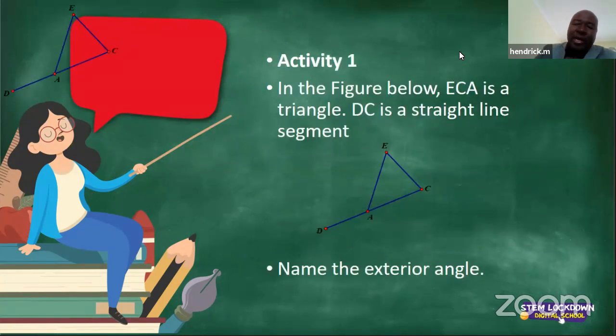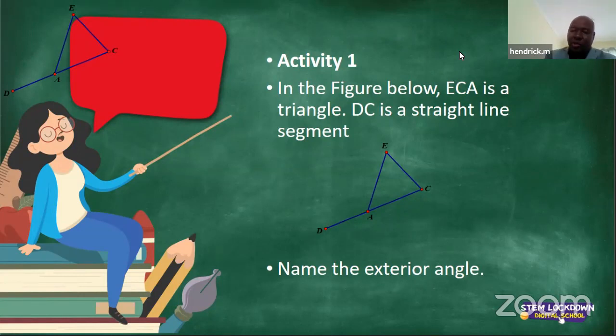Now I'm going to an activity here. Here's an activity quickly. In the figure below, you can see ECA. Can you see angle ECA? In fact, ECA is a triangle. You can see the triangle ECA, but we also have DC, which is a straight line.